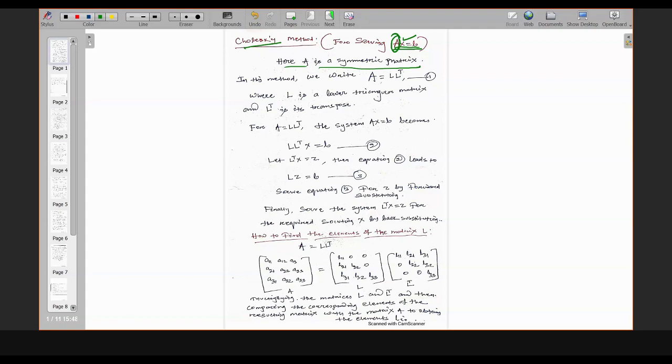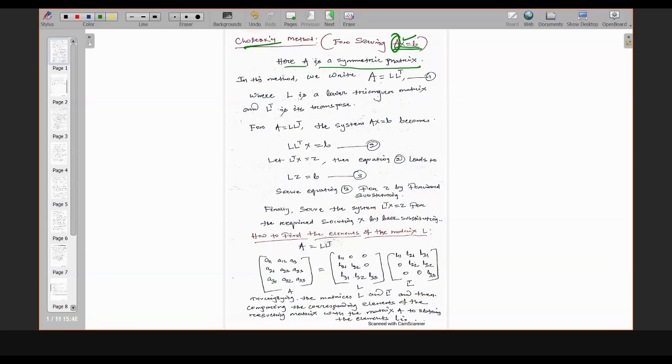And why are you studying it? Suppose you find a system that is symmetric, so instead of applying the Gauss elimination method or the LU decomposition method, you directly apply this Cholesky method to solve the system of equations. It will be computationally efficient, because you require fewer steps to find the solutions as compared to the other two techniques.